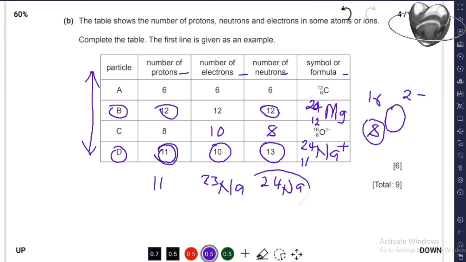So what was used is an isotope of sodium 23. So this is also correct. So you need to think critically for you to be able to answer questions very well. So it means we have answered this question. You are going to get your 6 marks without doubting. We are moving very well.